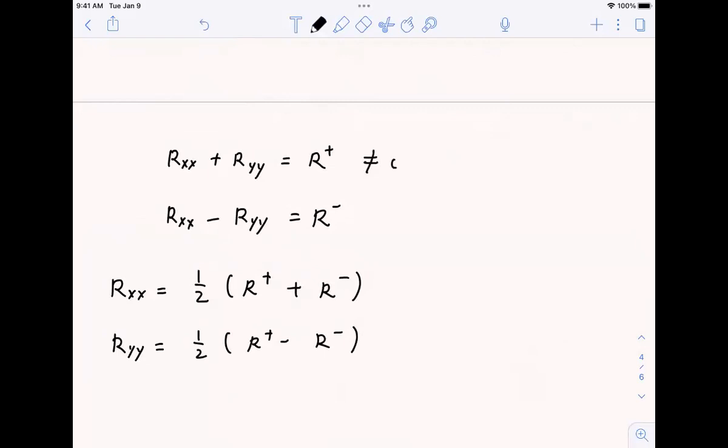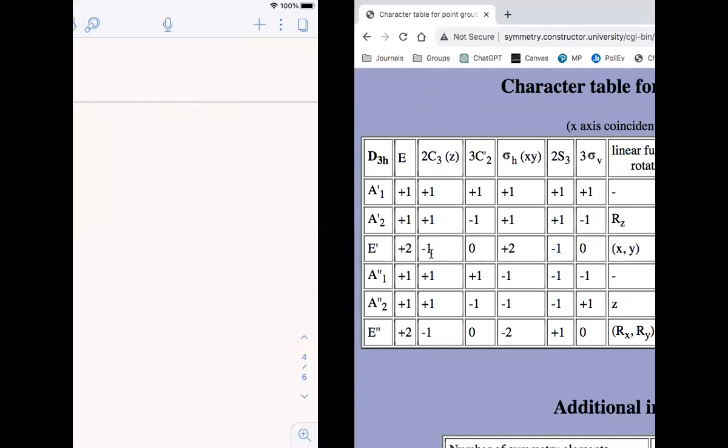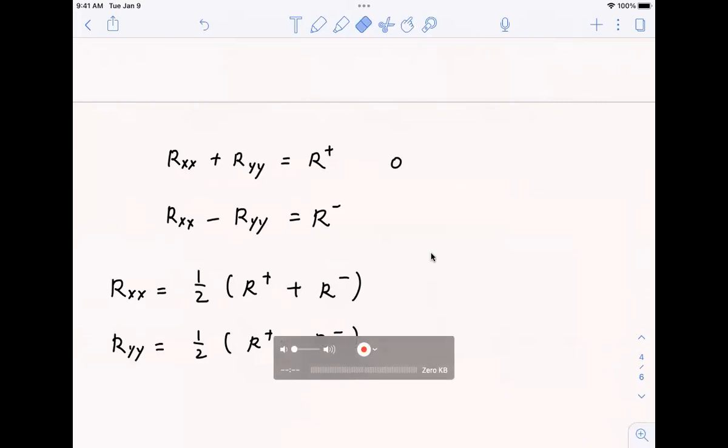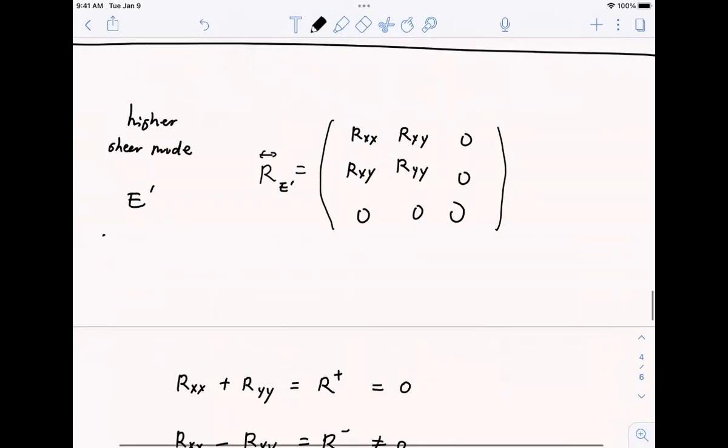So this one is not 0. Because in group theory, minus, so this one will be 0, and this one is not 0. Okay? This is allowed by group theory. So this one has x squared minus y squared, xy.